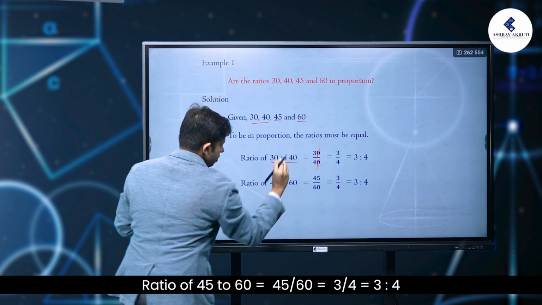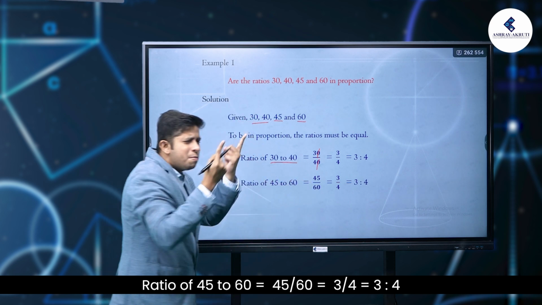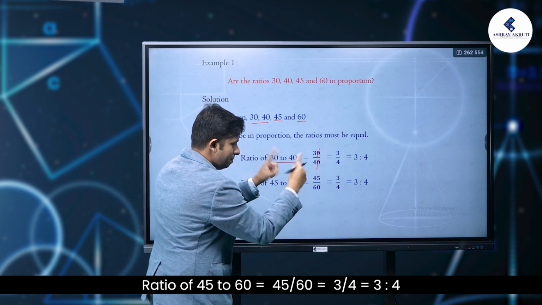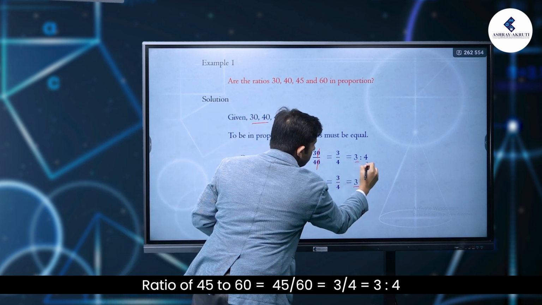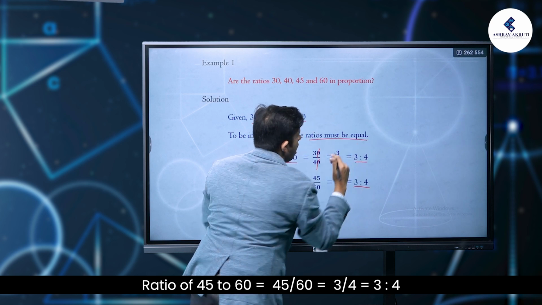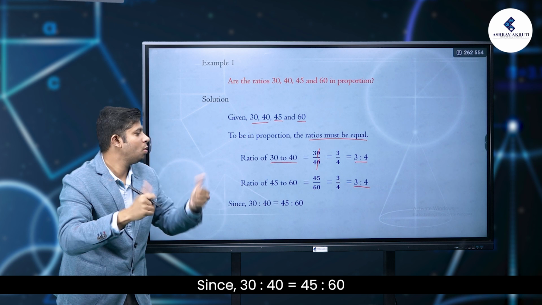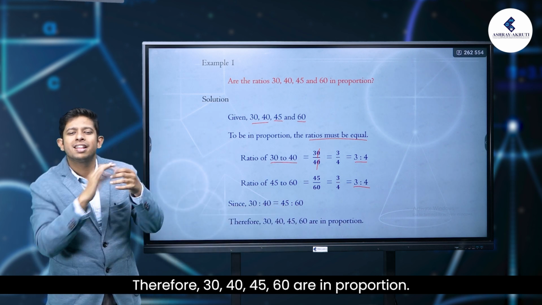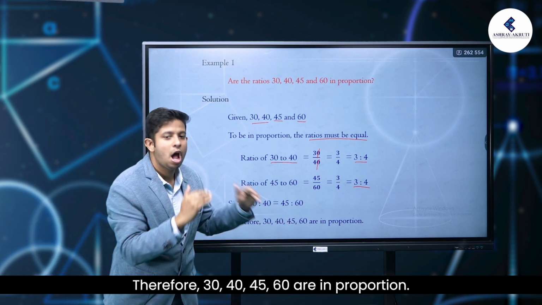Ratio of 45 to 60, 45 by 60 equals 3 by 4, which is equal to 3:4. Since 30:40 is equal to 45:60, therefore, 30, 40, 45, 60 are in proportion.